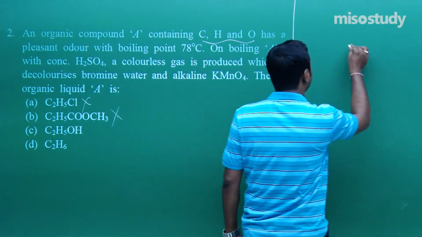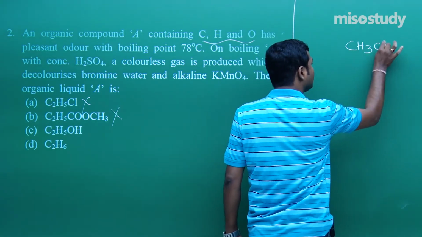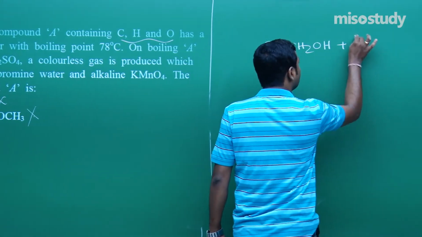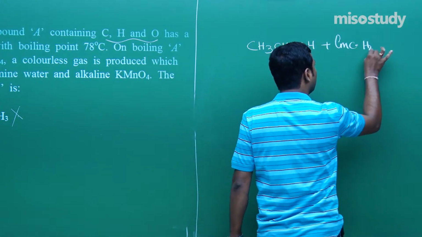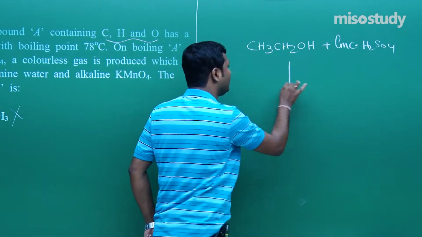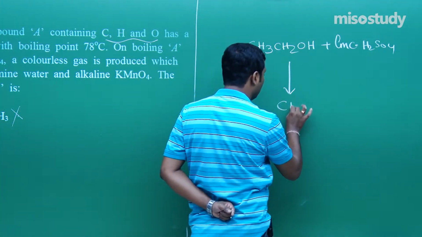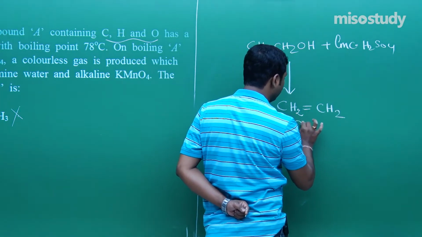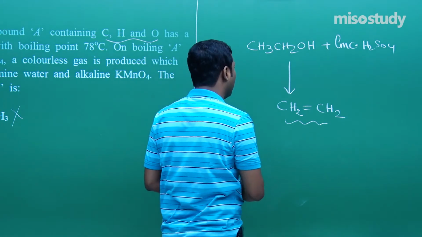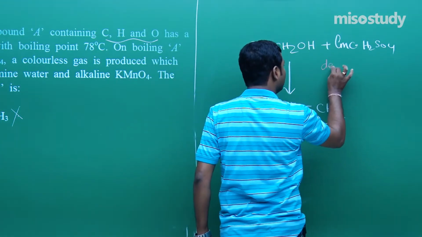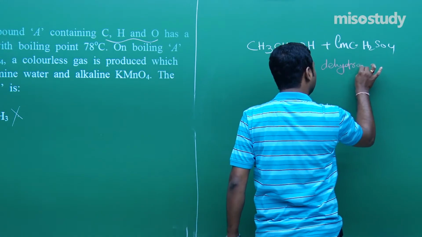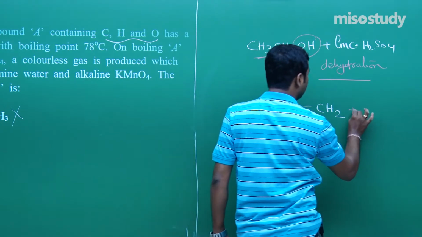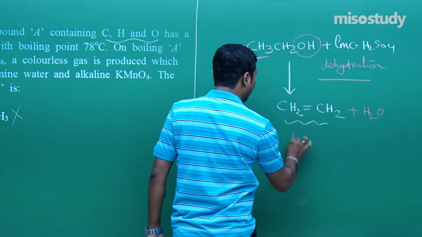Now if I write CH3CH2OH on treatment with concentrated H2SO4, there is a possibility of formation of a double bond, CH2=CH2. This process is dehydration, the removal of H2O: OH from here and H+ from here, forming an alkene.